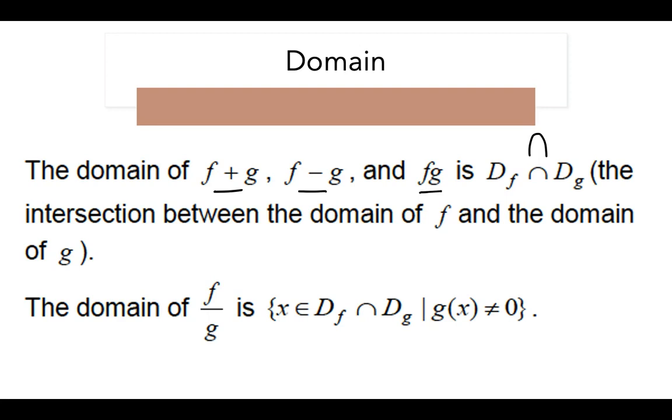And another unique thing is that if I were to divide the functions, the domain will still be where they intersect, but the restriction is that we have to make sure that the denominator does not equal 0. So whenever you're combining functions, try to combine and simplify as much as you can. And where the two domains overlap, that will be the domain of the combined function.